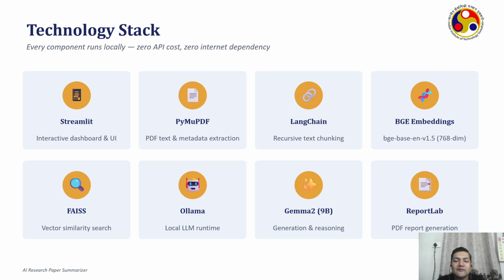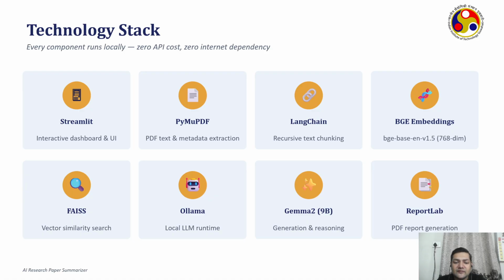Now let's have a look at our technology stack. The user interface is built using Streamlit. PDF text extraction is handled by PyMuPDF. LangChain is used for recursive text chunking. Semantic embeddings are generated using BAAI BGE embedding models.